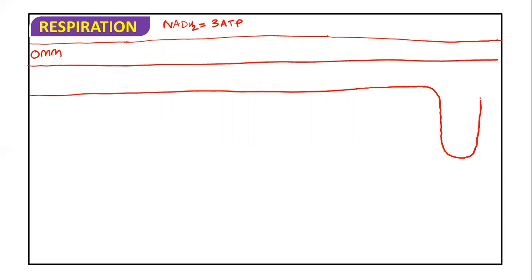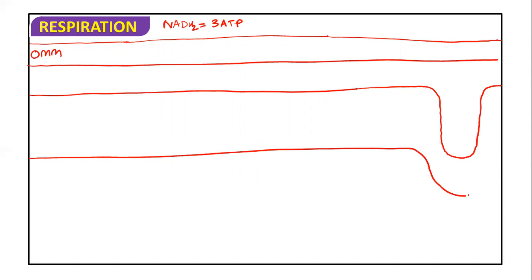Now the inner mitochondrial membrane folds and forms cristae like this. So this is the outer mitochondrial membrane, this is the inner mitochondrial membrane, and this is the space between the outer and inner mitochondrial membrane, that is the perimitochondrial space.